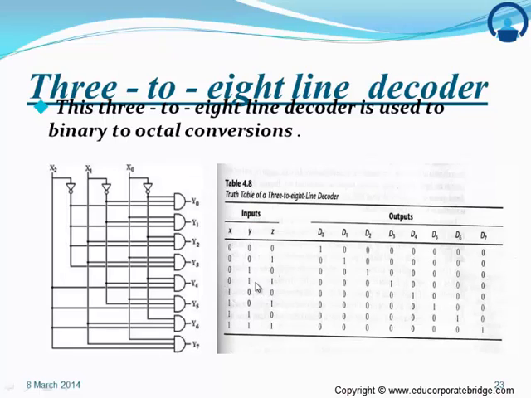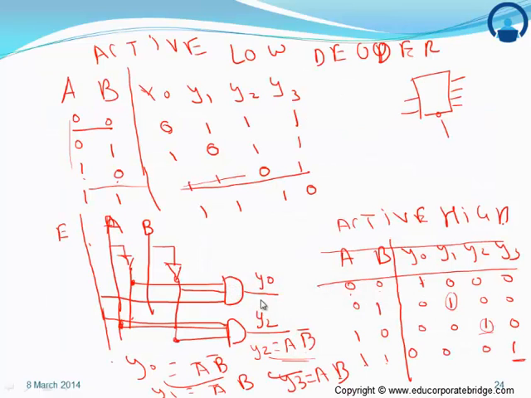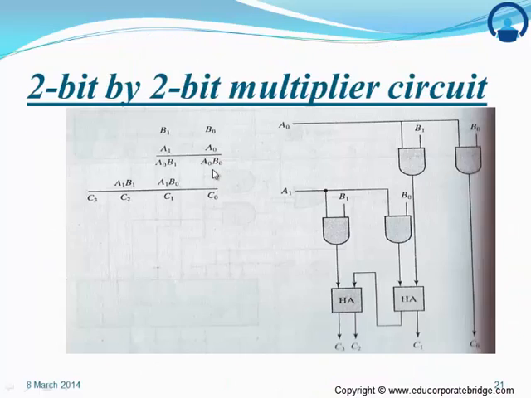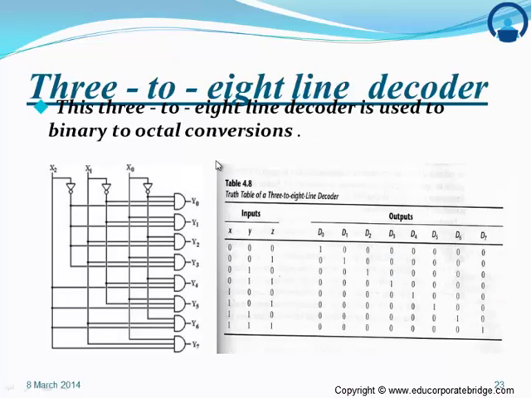This is 3, therefore D3 is selected, rest all 0. 4, the binary equivalent is 4, therefore D4 is selected, this is 5, therefore D5 is selected, 6, therefore D6 is selected, this is 7, therefore D7 is selected, and so on.